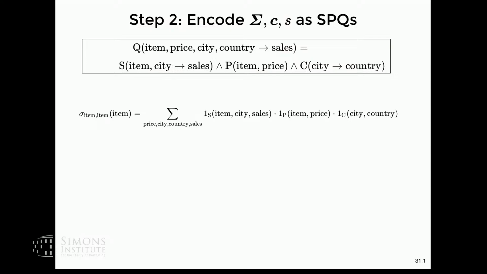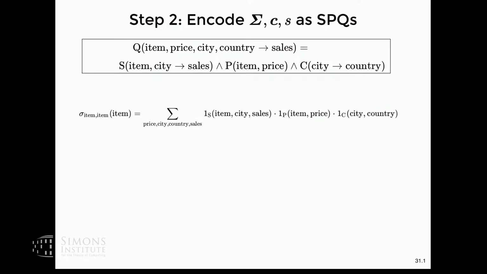We can express this as the following SPQ, where over here, we are using indicator functions, 1_S of item, city, sales. So this indicator function returns 1 if the triple item, city, sales is in S and 0 otherwise. And over here, we have another indicator, 1_P, 1_C. We take their product.